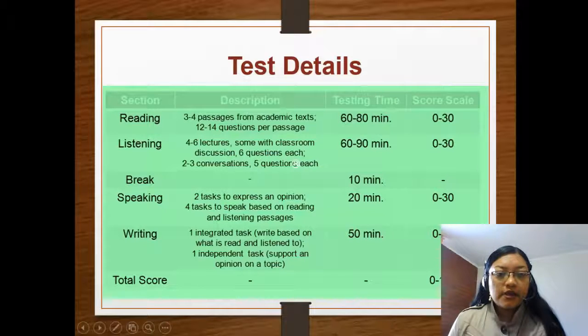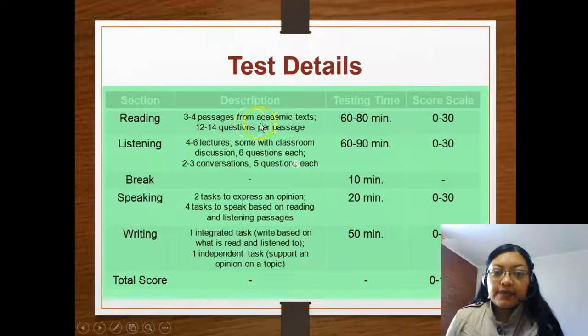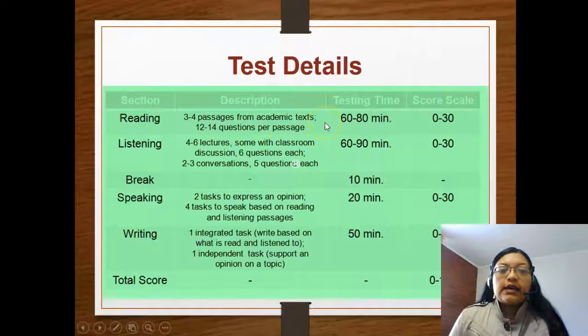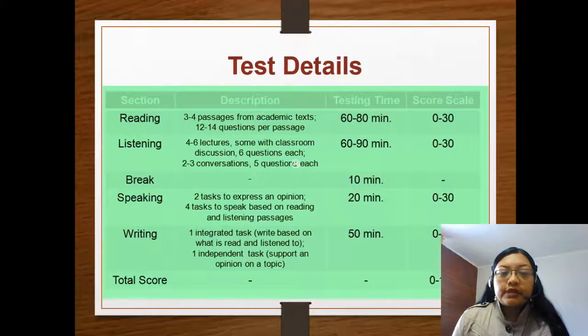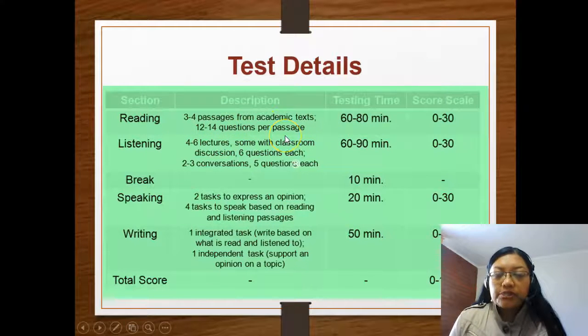So, for reading, we have 4 passages from academic tests. In total, we have like between 12 and 14 questions per passage. It takes between 60 and 80 minutes.